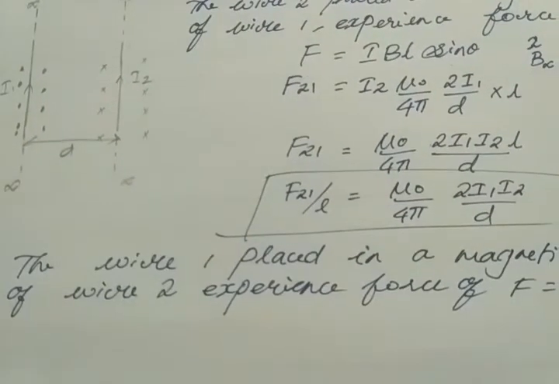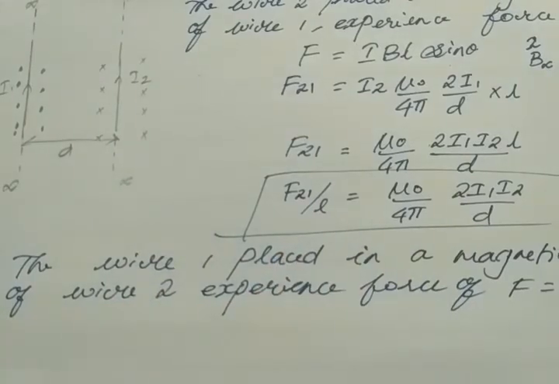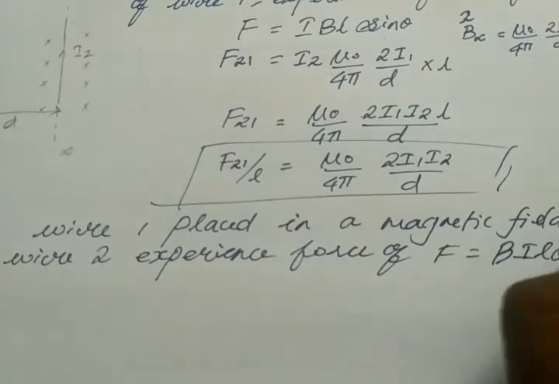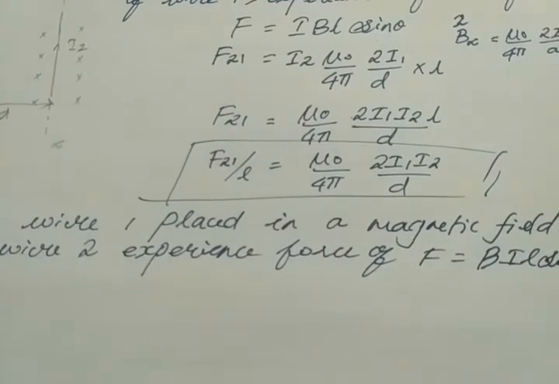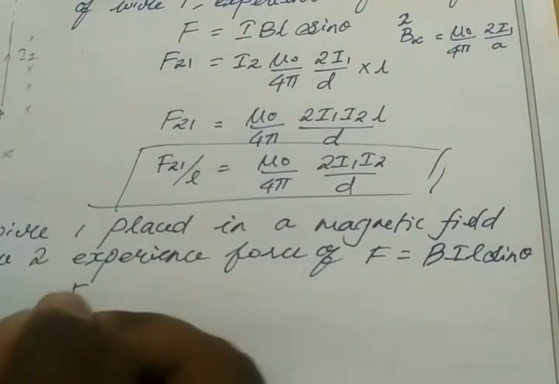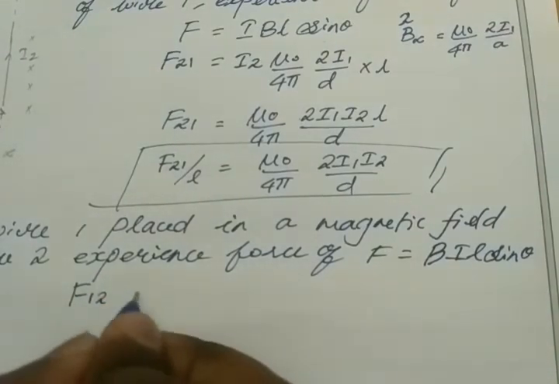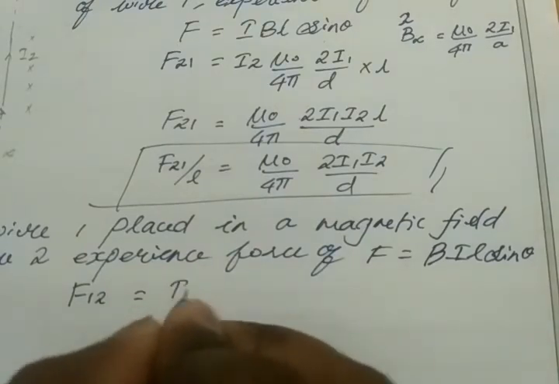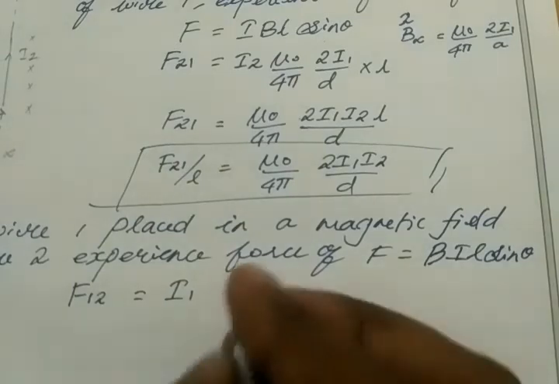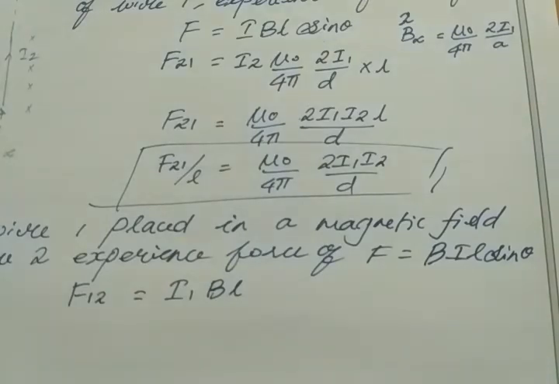Clear? So I can write, the wire 1 placed in a magnetic field of wire 2 experiences a force of F equal to BIL sin theta. Clear? So similarly I can write the force experienced by the wire 1 due to the magnetic field of wire 2 equal to I1, current flowing through the wire 1, then BL sin theta, sin 90.